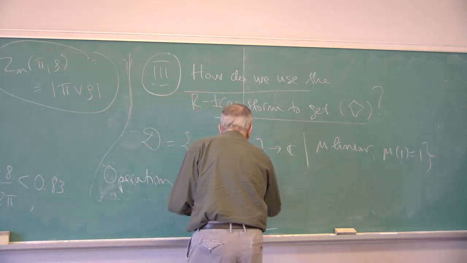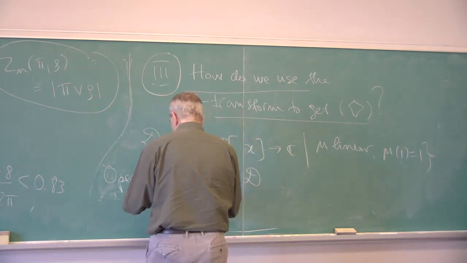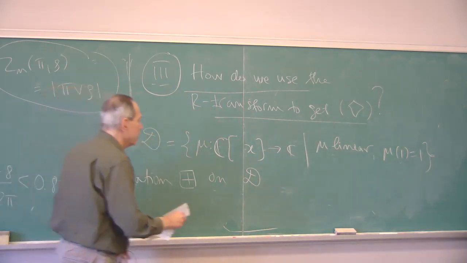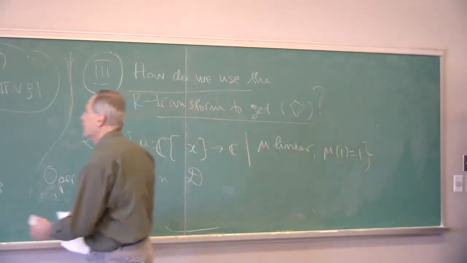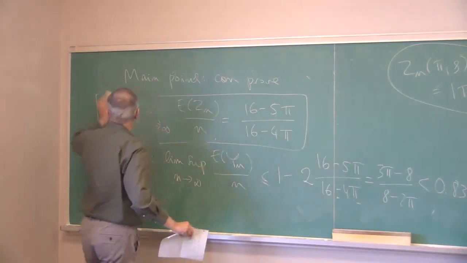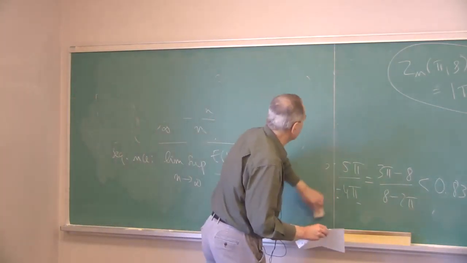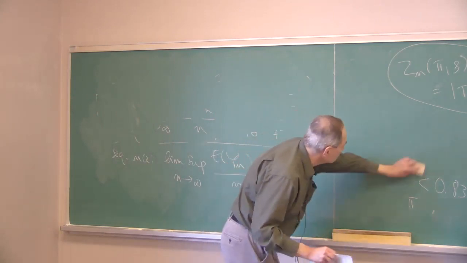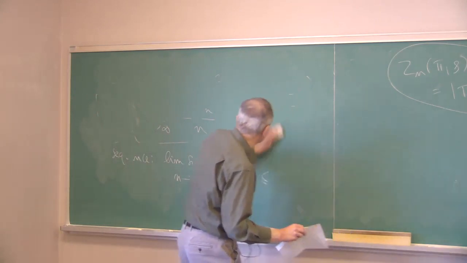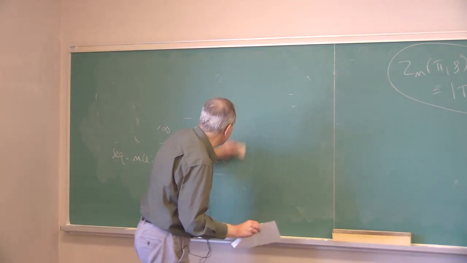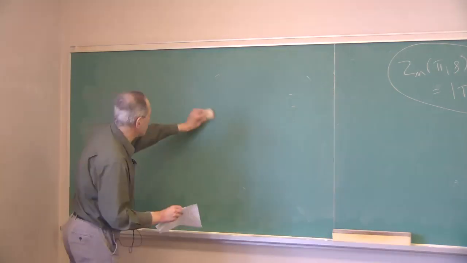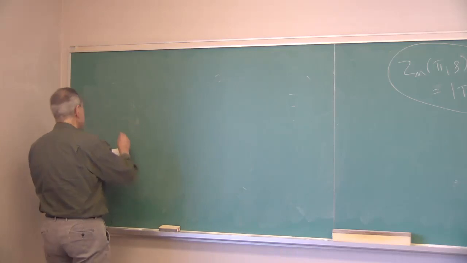How do we define the free additive convolution? It's called mu box plus nu. You represent mu and nu by two free elements A and B in some non-commutative probability space, and then you add together those elements.